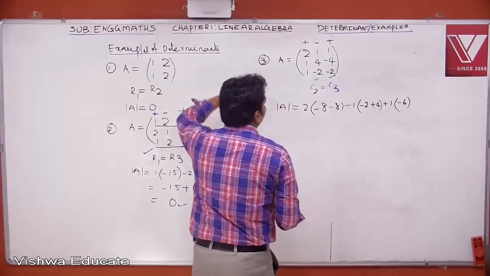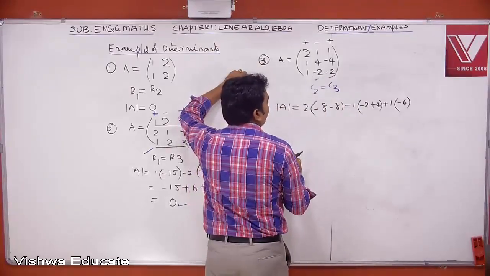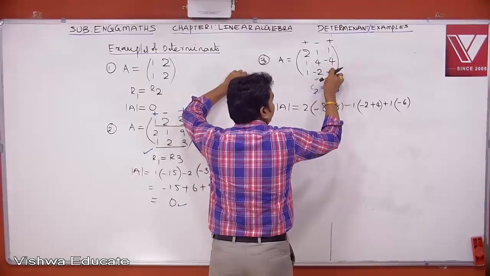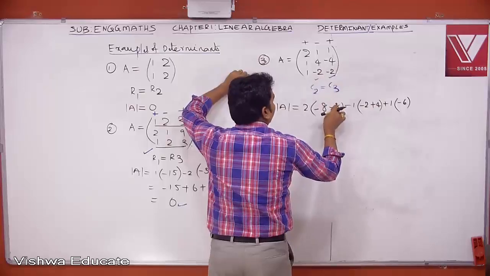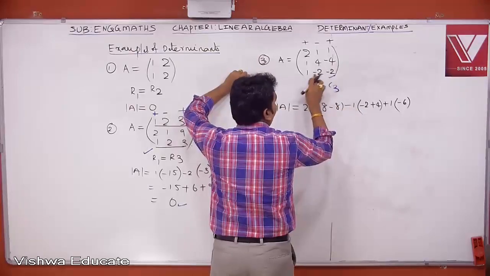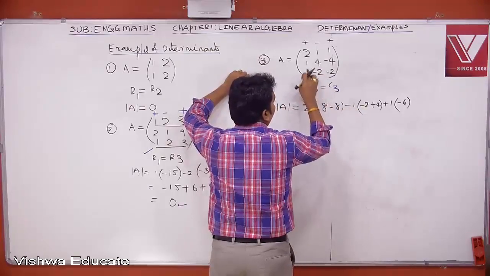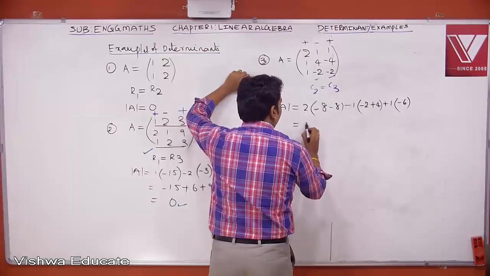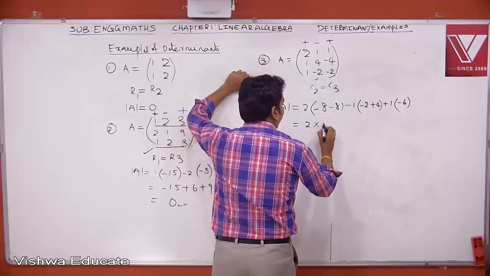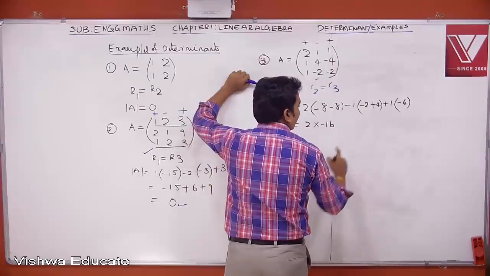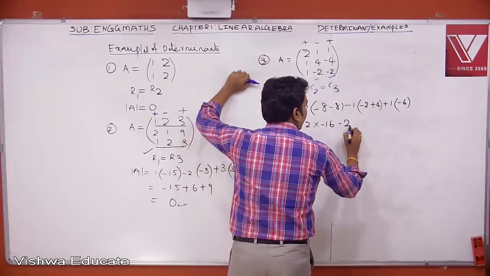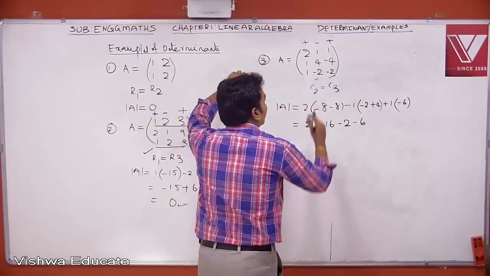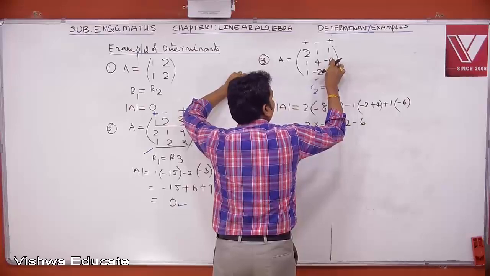So this becomes 2 times minus 8, minus 1 into minus 2 plus 4, plus 1 into minus 2 minus 4, that is minus 6. Now therefore in this case, this is 2 into minus 16, plus 2 means minus 2, minus 6.